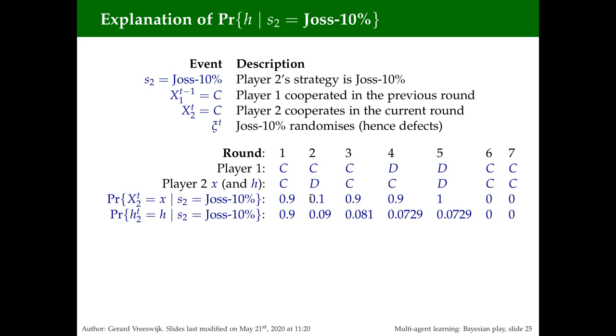Tit for tat prescribes that the second player should cooperate in the second round because the first player cooperated in the first round. There's a 10% chance that the second player randomizes, so this must be this 10%.